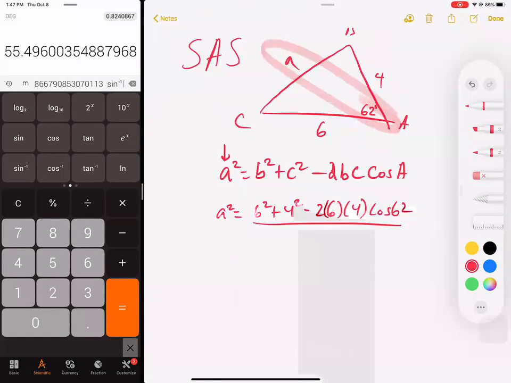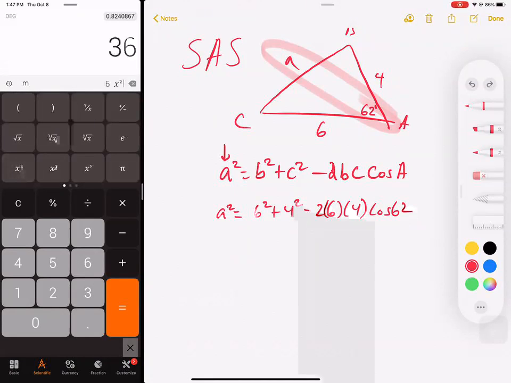All this stuff here is calculator work. So why don't you guys practice right now, typing this in the calculator. 6 squared plus 4 squared minus, write the parentheses, 2 times 6 times 4 times cosine of 62, close it, equals.